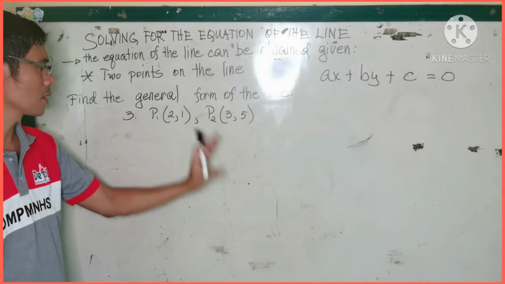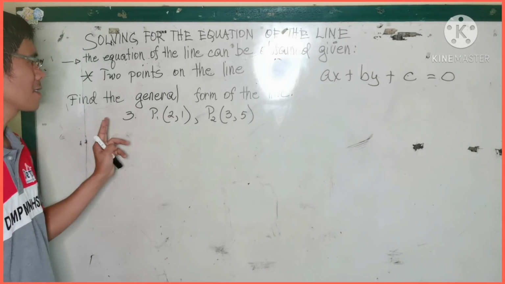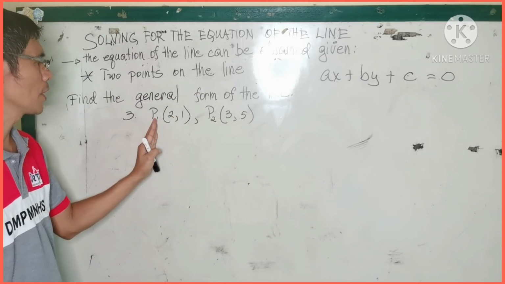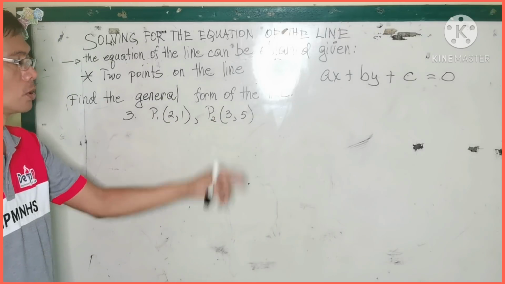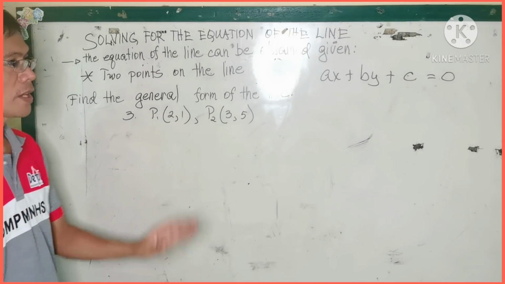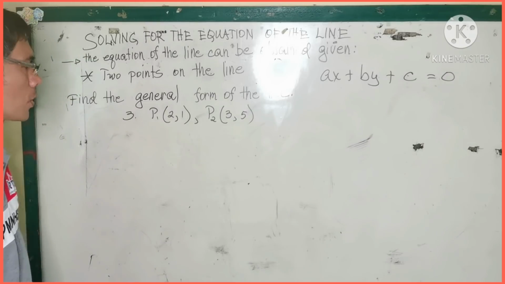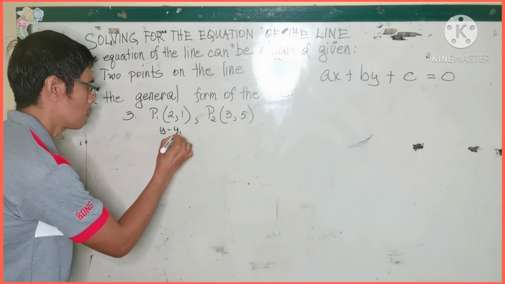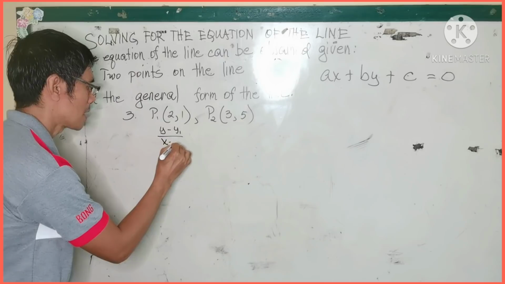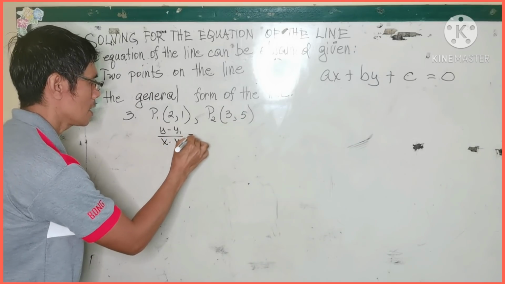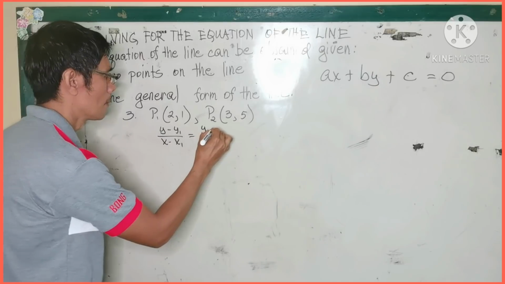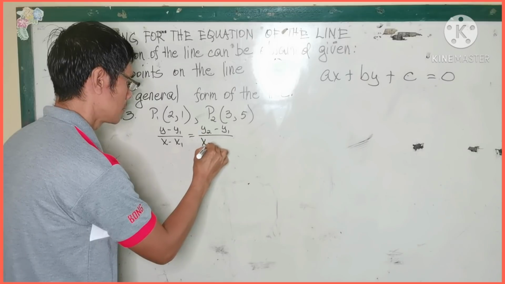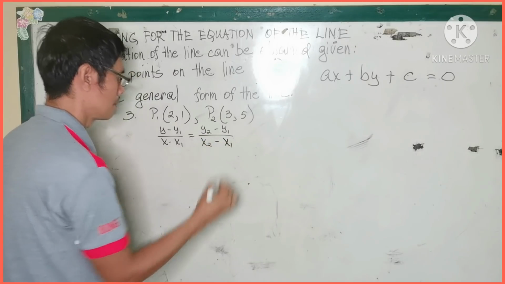So let us try to consider this number 3. What is the equation of the line in general form passing through point 1, 2, 1 and point 2, 3, 5? So if we may recall, the 2-point form of the line is y minus y sub 1 over x minus x sub 1 equals y sub 2 minus y sub 1 over x sub 2 minus x sub 1.